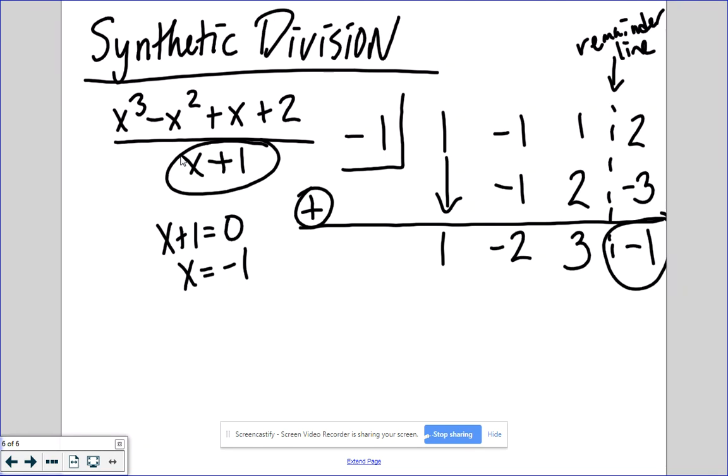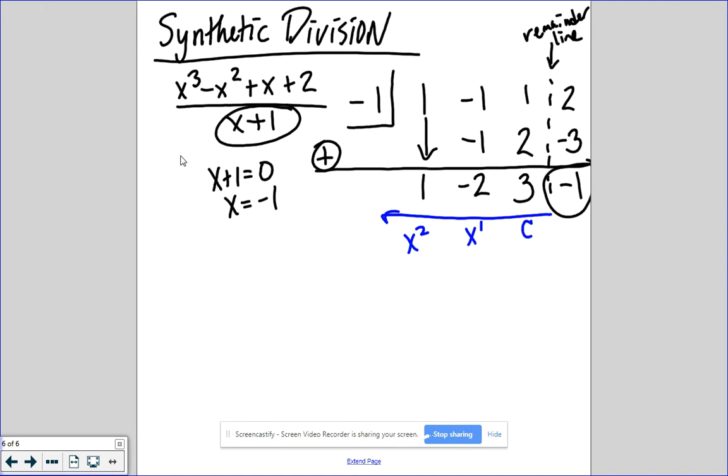So then I look and see, what was the degree of the numerator? 3. And I divided by x, so the largest power I should have left is 2. So now you start at the remainder line. This is your constant term. This is going to be your x to the first term. This is going to be your x squared term.